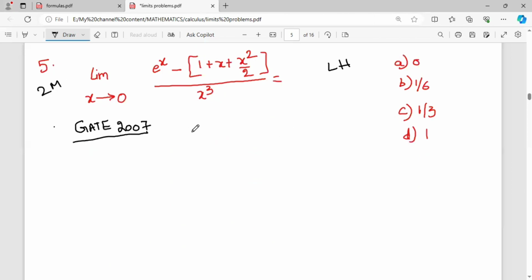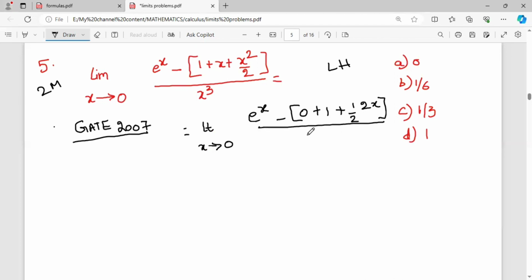First differentiation: e power x differentiation is e power x, minus 1 differentiation 0, x differentiation 1, x square by 2 differentiation is 2x by 2, by x cube differentiation 3x square.